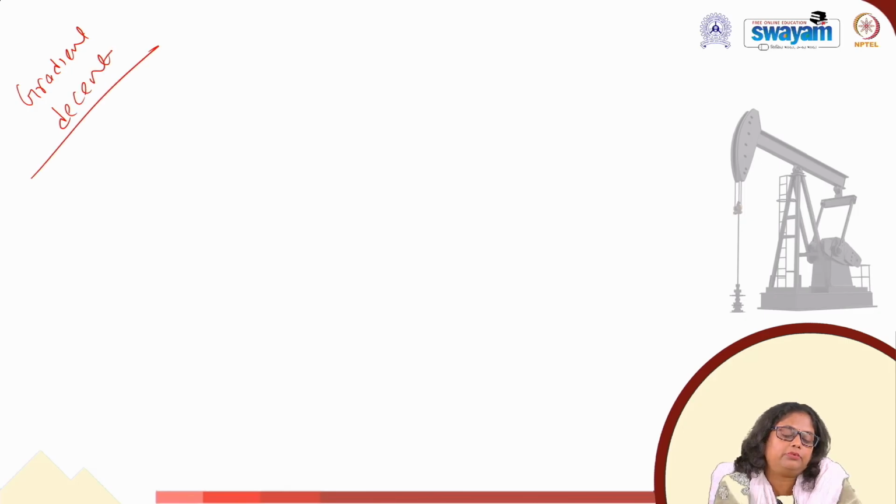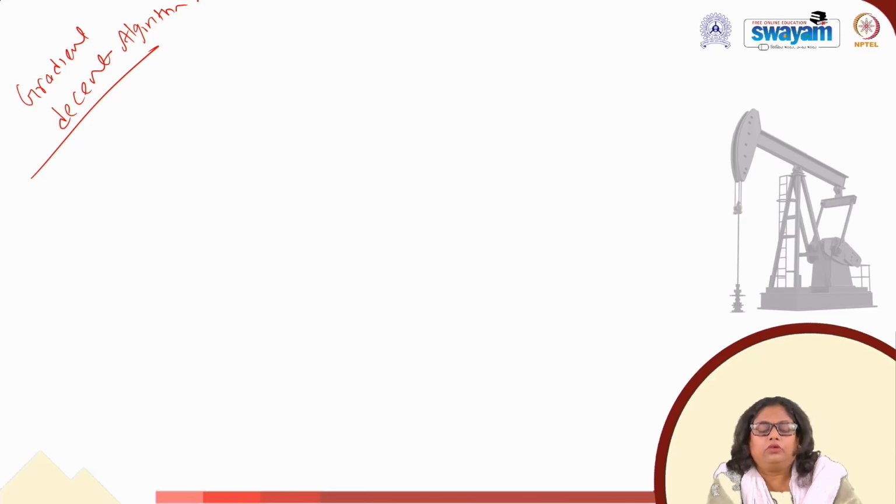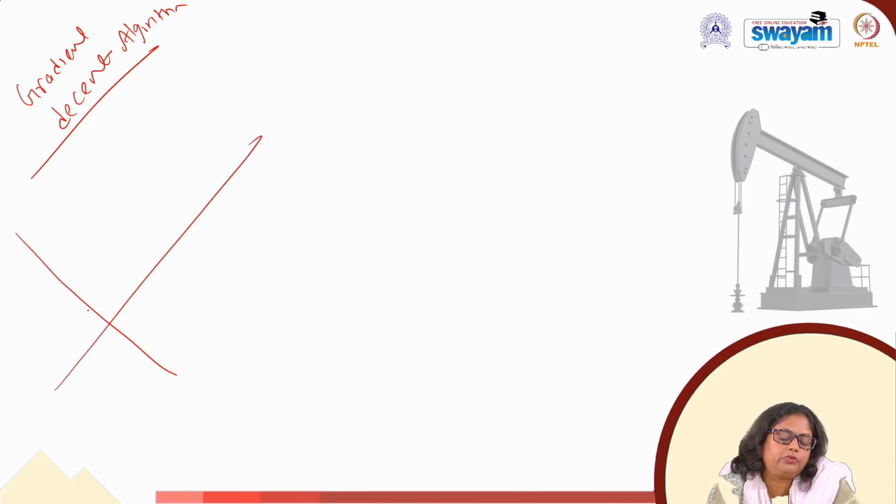So let's start the discussion on the gradient descent algorithm. What we have talked about: we have the line.